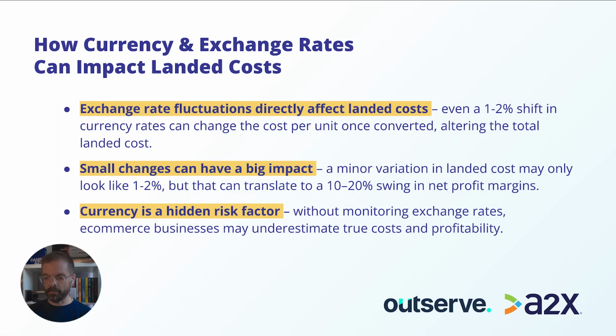All these small percentages may sound small, but a 1 or 2% difference in a currency will be 1 or 2% in your gross profit margin, which could be 10 or 20% easily of your net profit. So small percentage differences at the profit margin, at the landed cost and the COGS level, can make a significant difference to the bottom line.